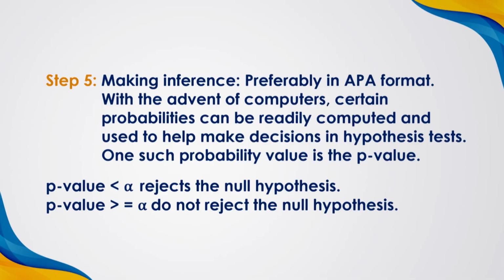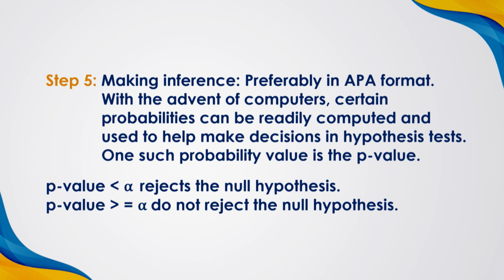In step 5, making inference. This inference must be presented in an APA format. APA stands for American Psychological Association. With the advent of computers, certain probabilities can be readily computed and used to make decisions in hypothesis tests. One such probability value is the p-value.